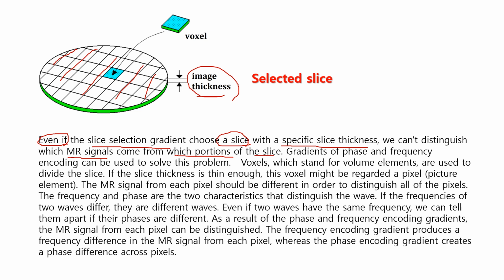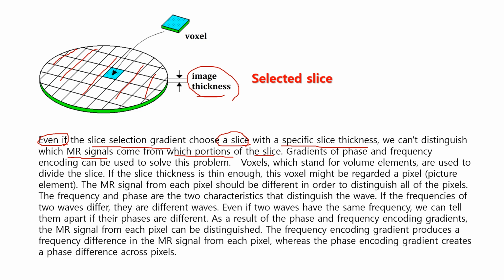The protons in the slice feel the same magnetic field, and thus the protons' Larmor frequencies are the same, so we cannot distinguish which portion has which signal.